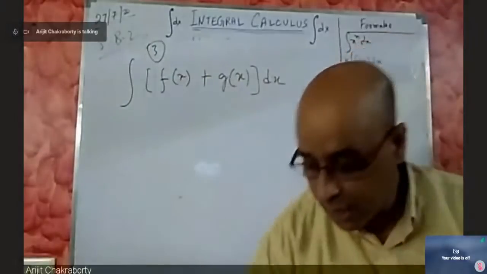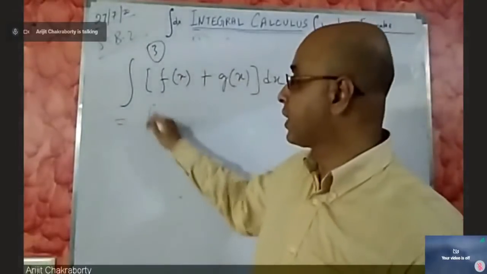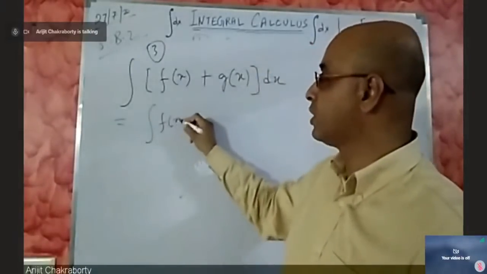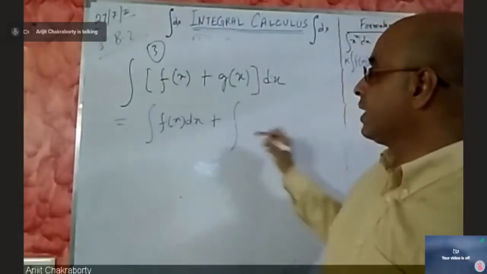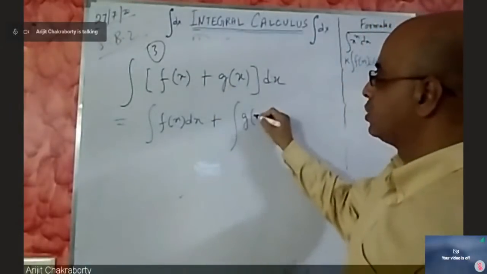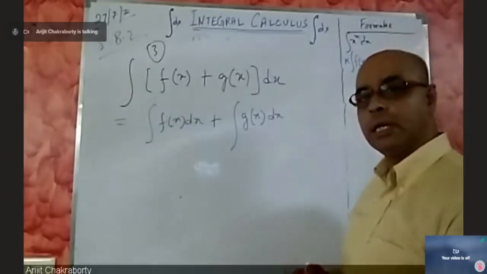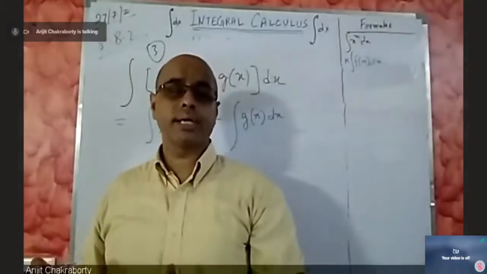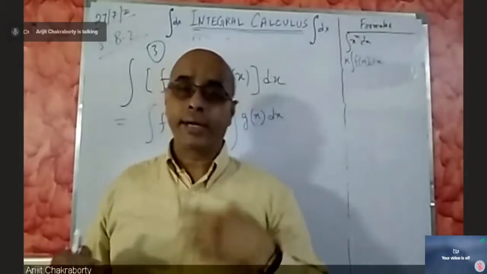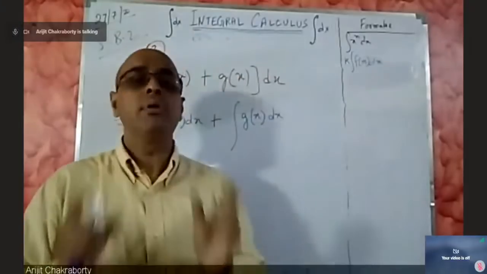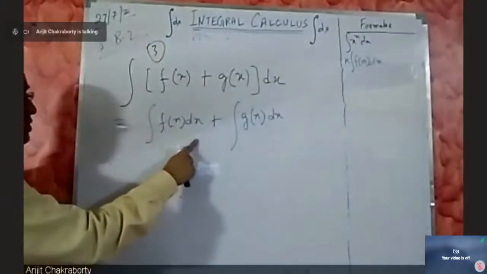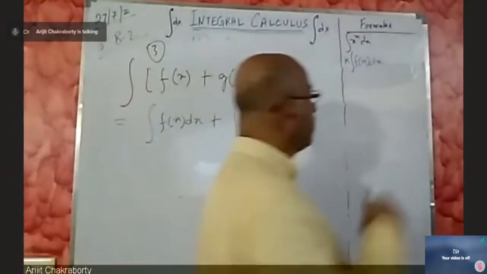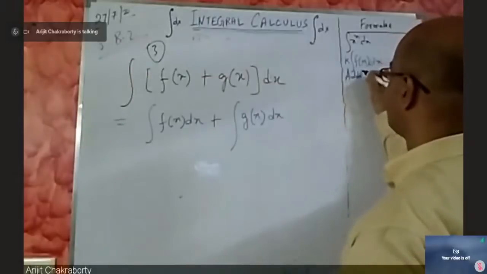That means it will be integration of, first you take f(x) dx plus, second we will take g(x) dx. That means a sum of two functions, f(x) and g(x), when it needs to be integrated, you can integrate them separately, f(x) dx separately plus g(x) dx separately. So this is the addition rule. We are noting the addition rule here.